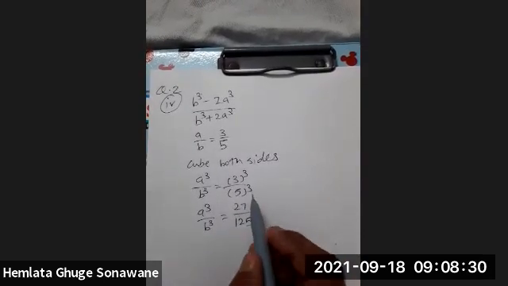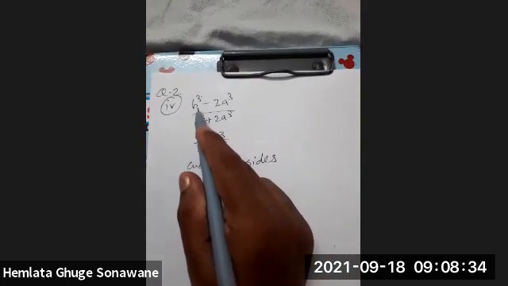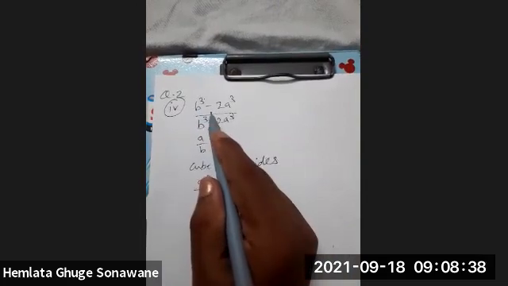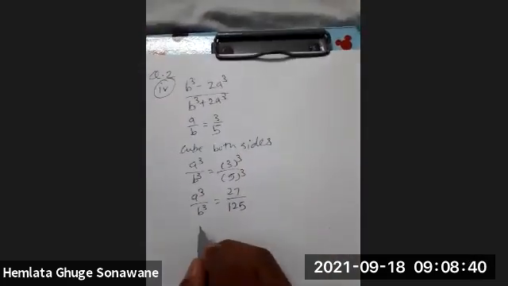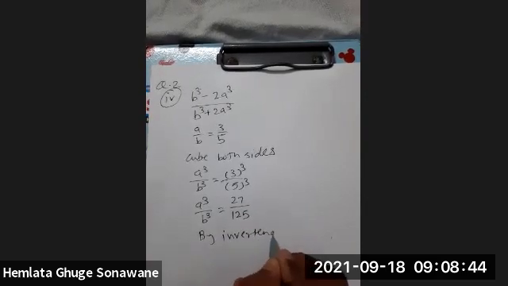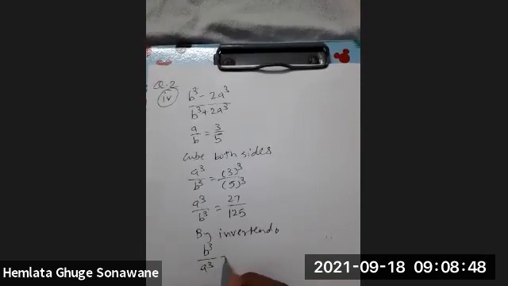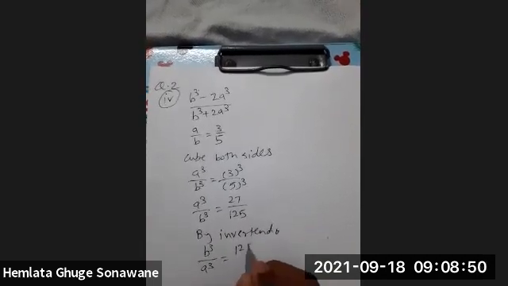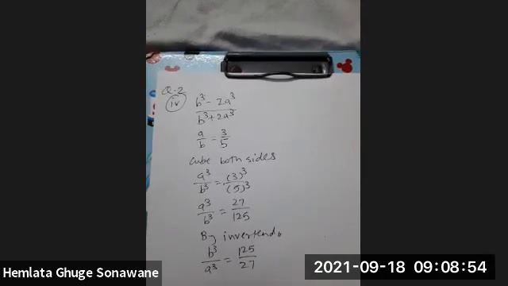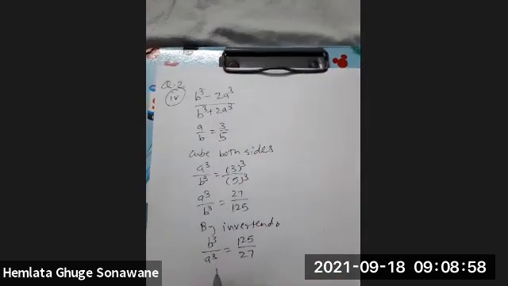Okay. Now here you can see in the example that b cube is there, so we'll apply the property of invertendo. So by invertendo, b cube upon a cube is equal to 125 upon 27.